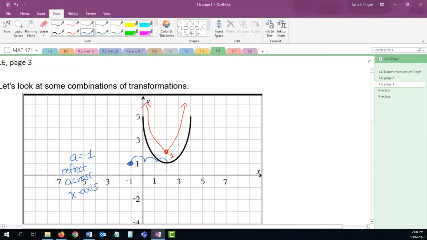Now take everything that's above the x-axis, move it to below. Everything below, move it to above. -1, 1 corresponds to -1, -1. So now the vertex has gone down here, but remember, until I do the multiplication, all I did is move left 3 units.